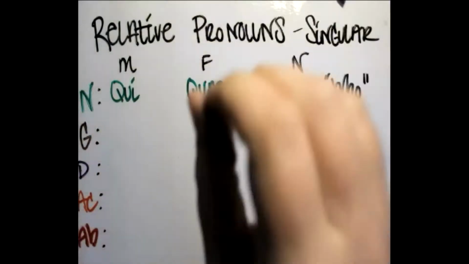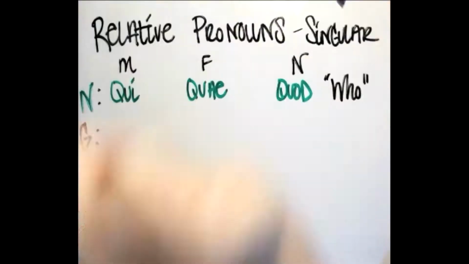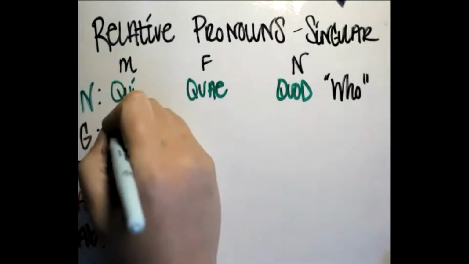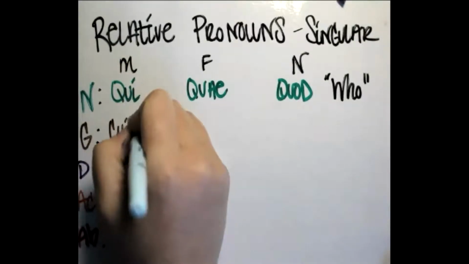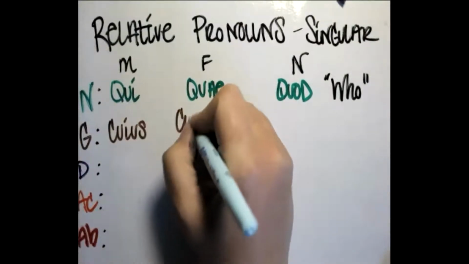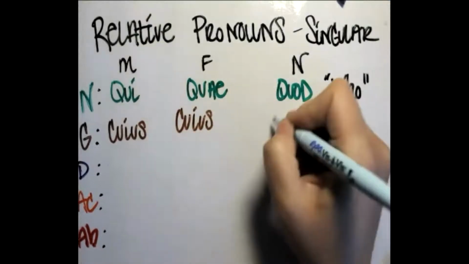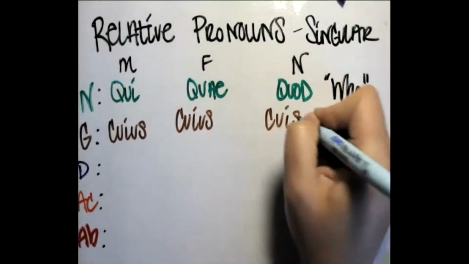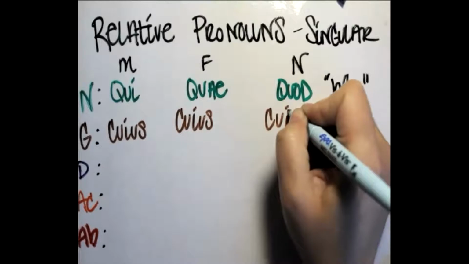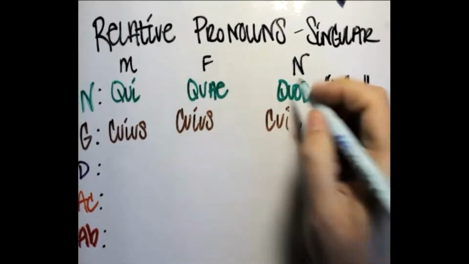And then in the genitive, all three are going to have the same form: cuius, cuius, cuius.